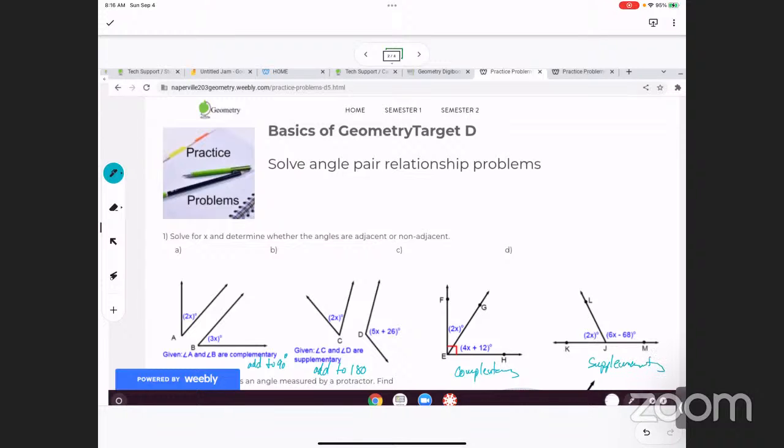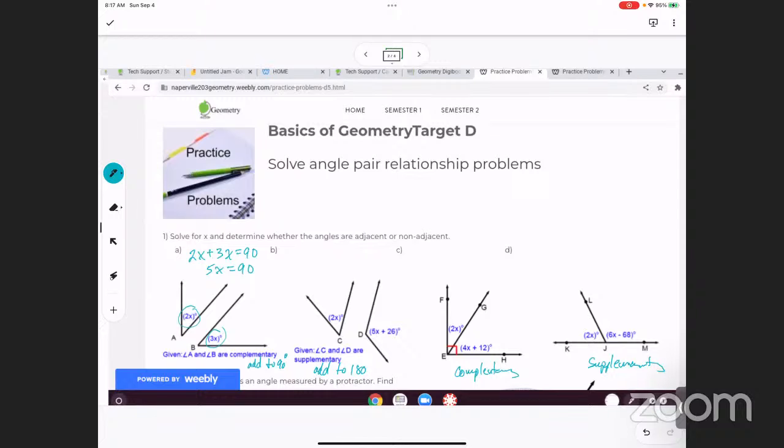Okay, so how do I do this? Well, this plus this equals 180, basically. So I just write an algebra equation. 2x plus 3x equals 90 because they're complementary. And now just solve this with algebra. Algebra says get the x by itself, right?